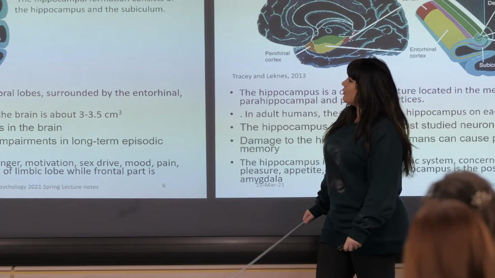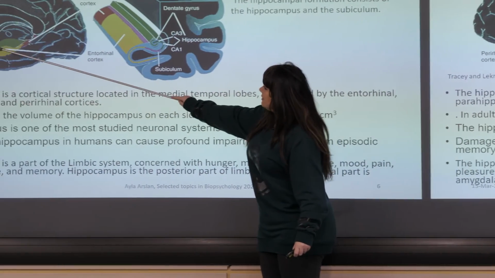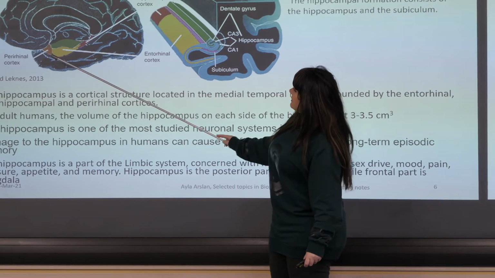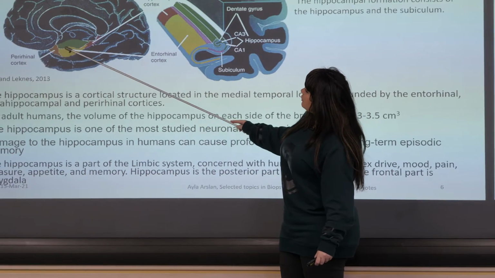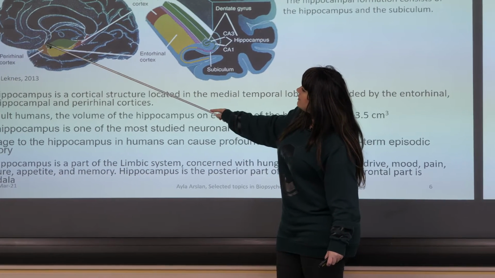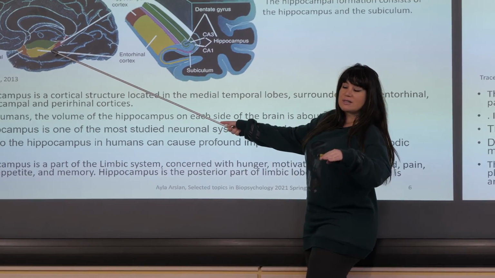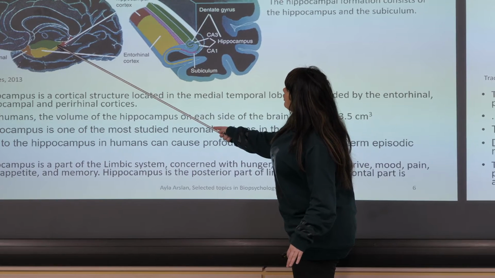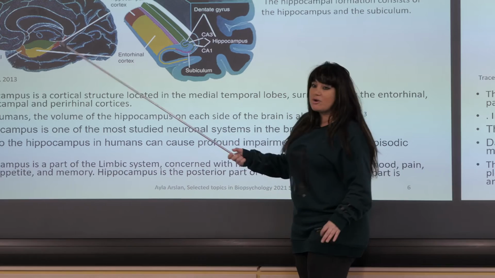But of course, we would like to know the structures surrounding the hippocampus. For example, a bit anterior to the hippocampus you have the perirhinal cortex, and then the entorhinal cortex, which is a bit lower, and then it is surrounded in the posterior part by the parahippocampal cortex.